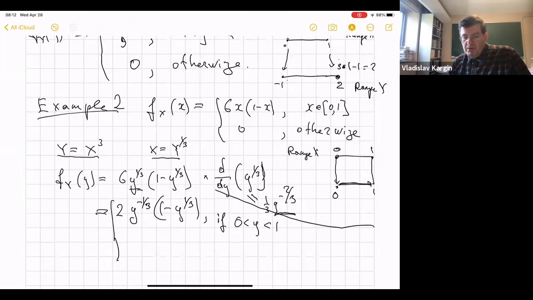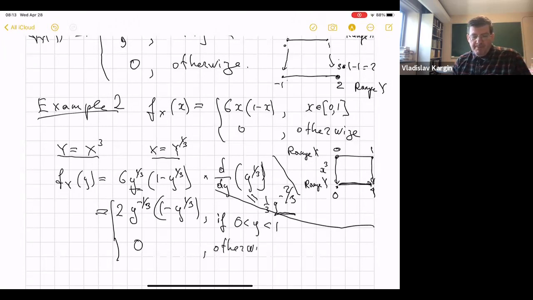So the range doesn't change in this example. So this is the range of y, and 0 otherwise. Very simple.